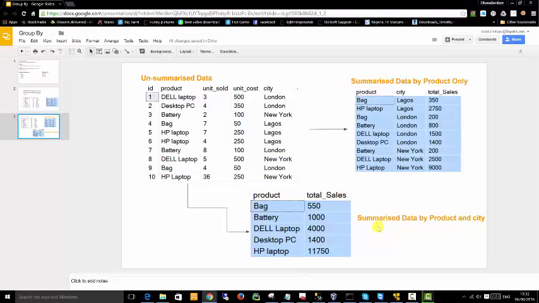If on the other hand we want to summarize data by both product and city, then you'll find out that our data sets will be reduced. It will say, okay, in London, how many sales did we make of bag? In London, how many sales did we make of battery? Before, we had everything together.